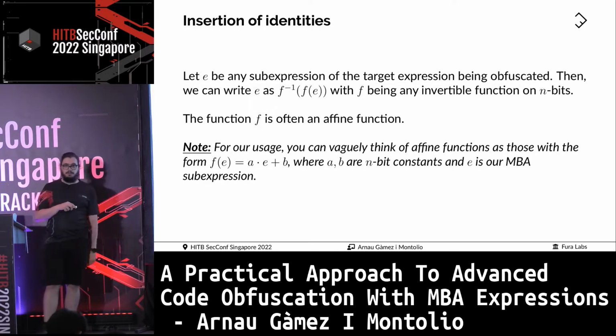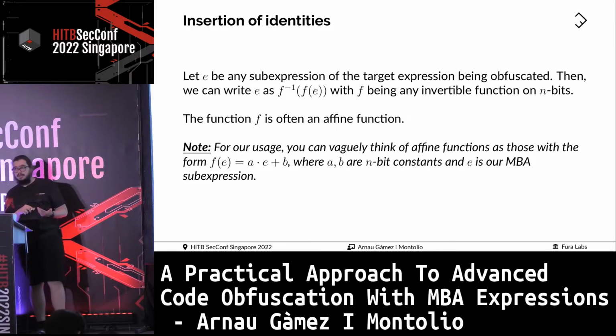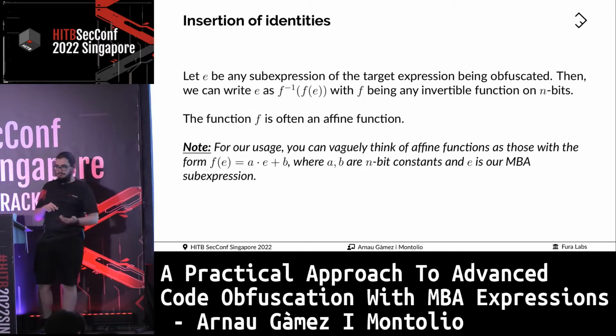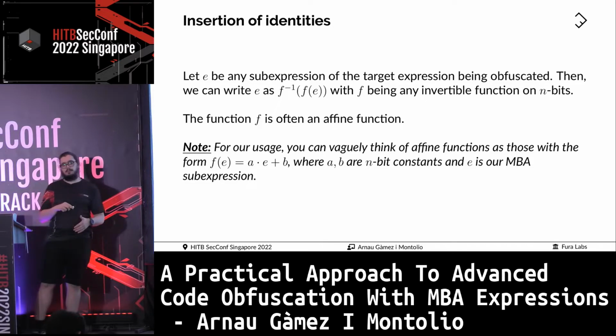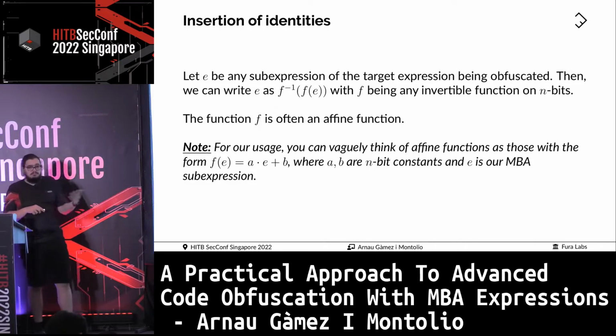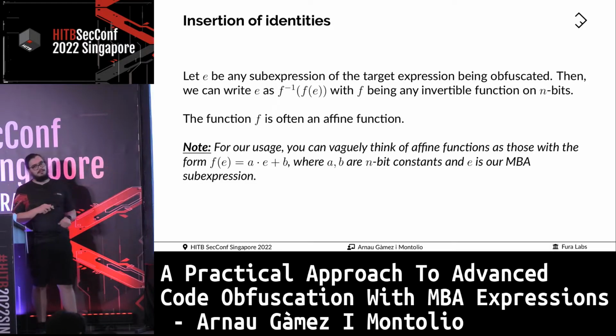They just go to the first paper, they use affine functions, then everyone else is using affine functions. But there is no hard reason why they need to be affine functions. Any inverse pair of functions, either affine or whatever kind of invertible mappings on m bits, will work exactly in the same way, okay?